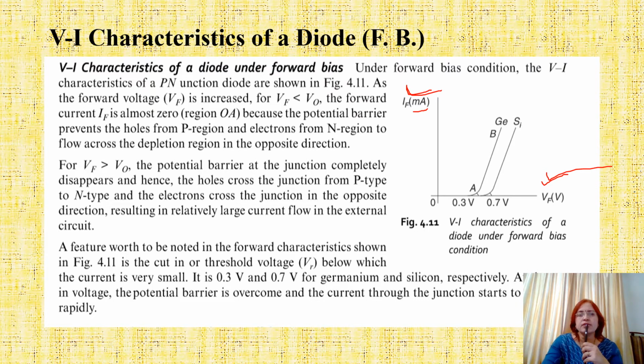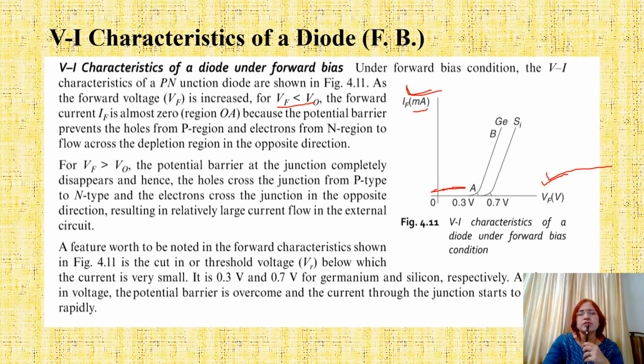Now consider the first case when VF is less than VO. In that case, you can consider this portion from O to A. The barrier potential will prevent the free movement of charge carriers across the PN junction. The holes from the P region will not be able to cross in the opposite direction.